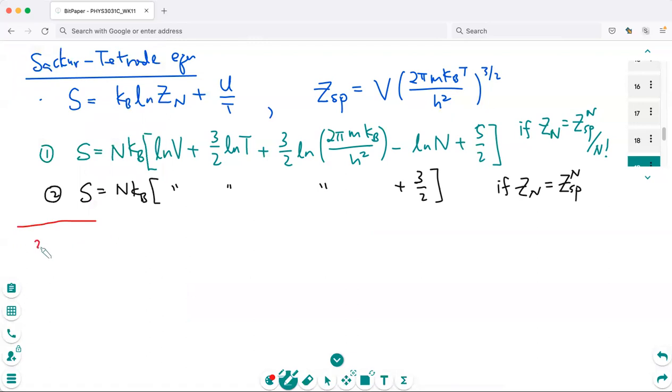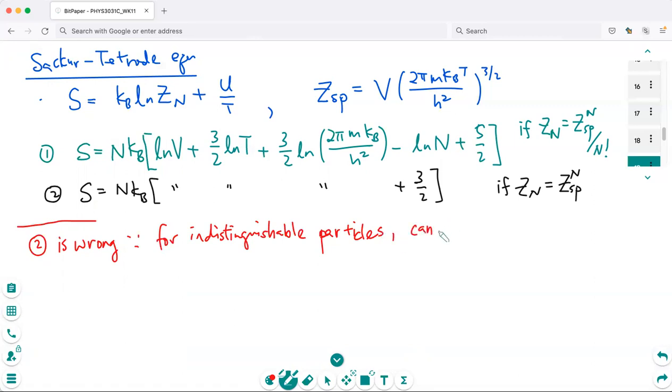So I will begin to write the note and you continue to type. So 2 is wrong because for indistinguishable particles, we can't use this. So far I only see one correct answer.